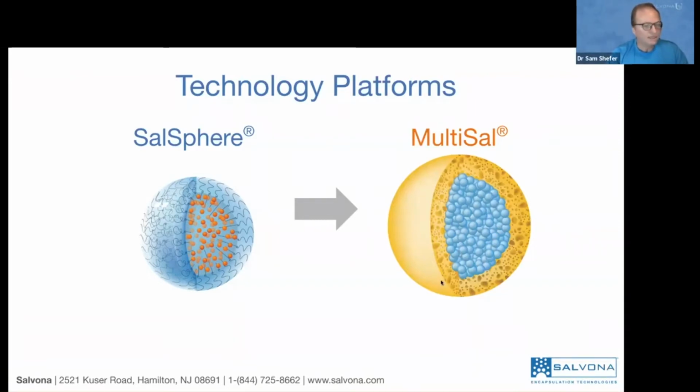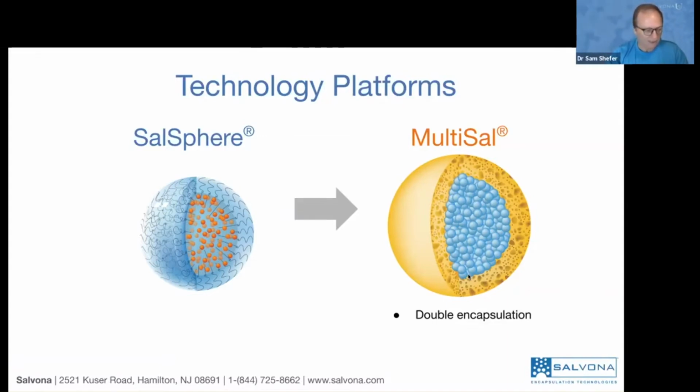It has the size of a powder, so about 40 to 60 micron. And the Sal spheres are compacted inside the MultiSal. It could be one type of MultiSal, or it could be multiple MultiSals in one.